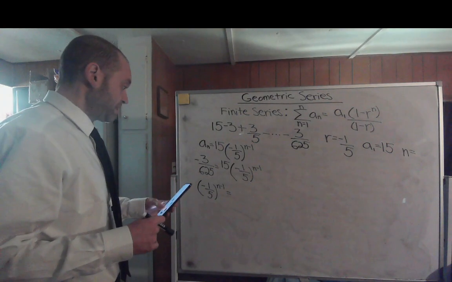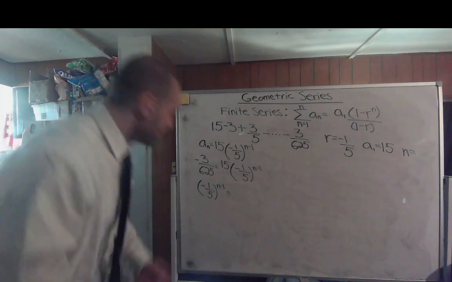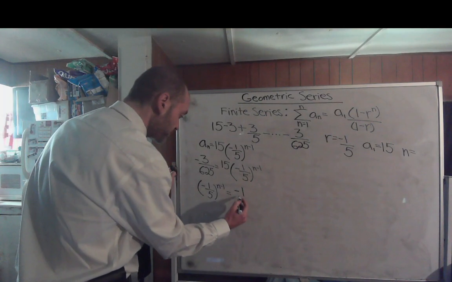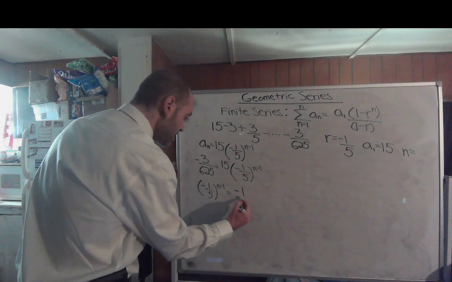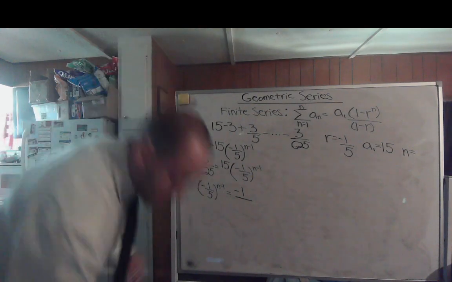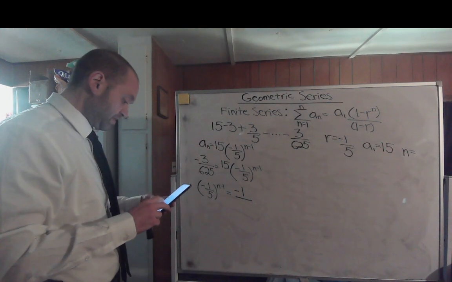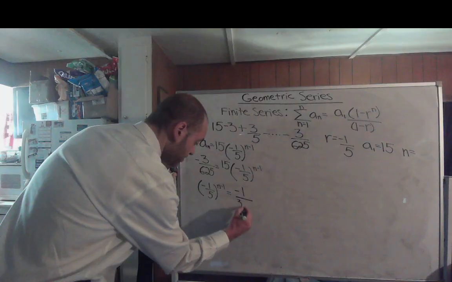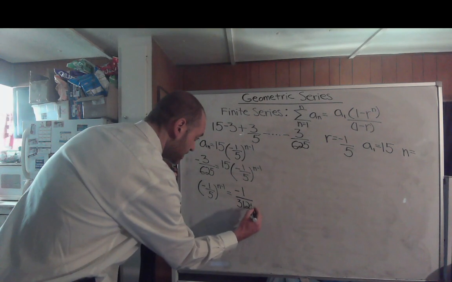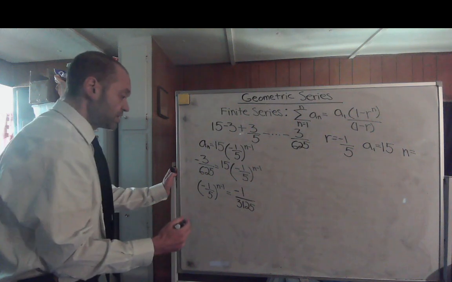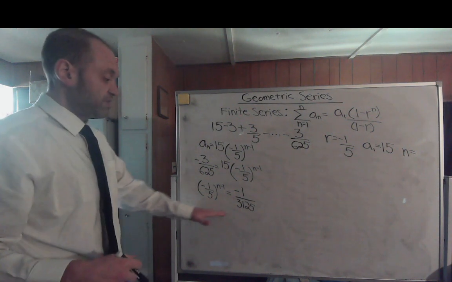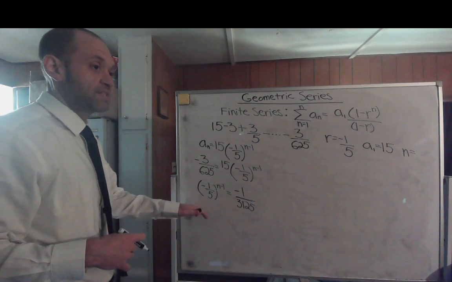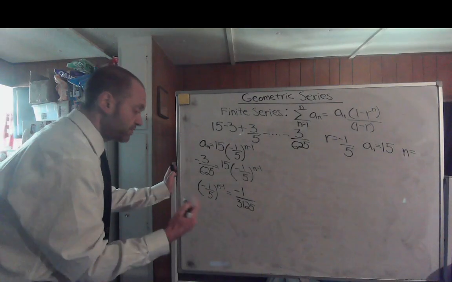Let's see what we get here. This is definitely going to be a -1 over 5 times 625, -1 over 3,125. Now, we know 5 goes into 3,125. In fact, I'm pretty sure it's some power of 5.